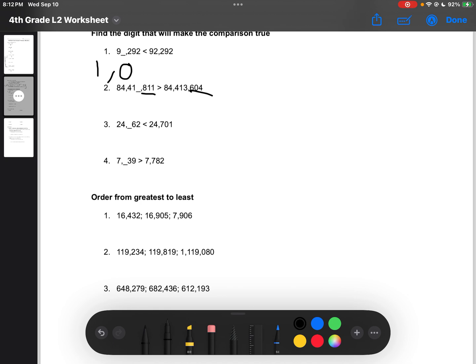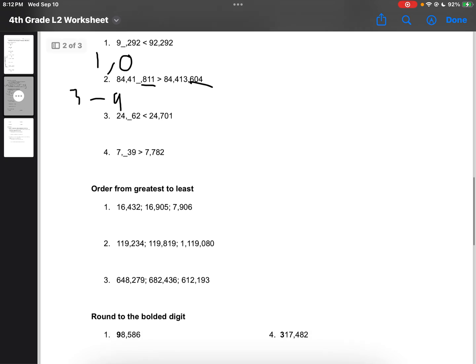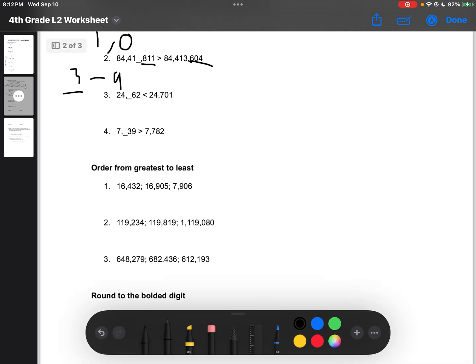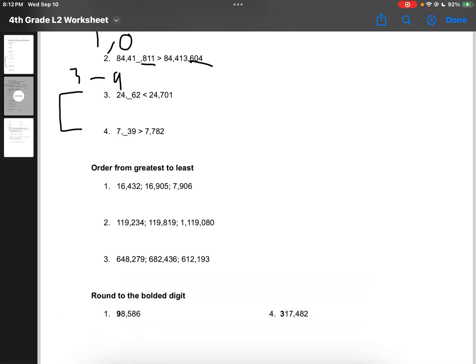So the missing digit could be anything from 3 to 9. Because even if it's 3, 84,413,811 is greater than 84,413,604. So yeah. Alright, number 3 and 4 you guys could try on your own.